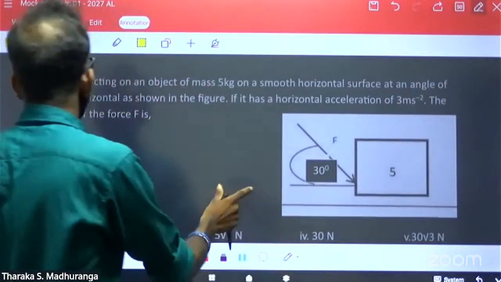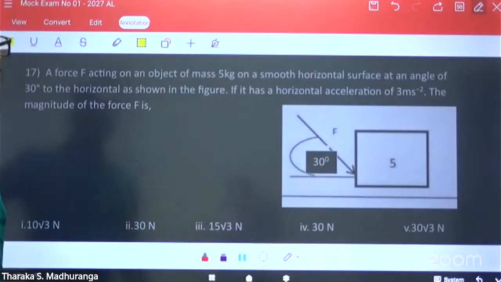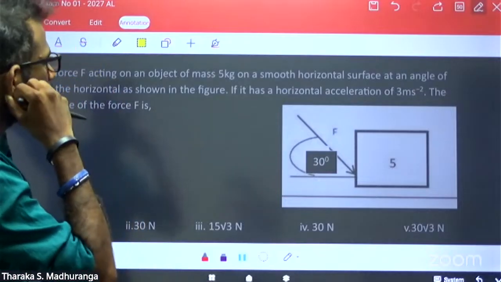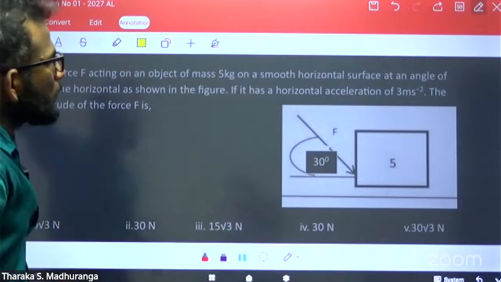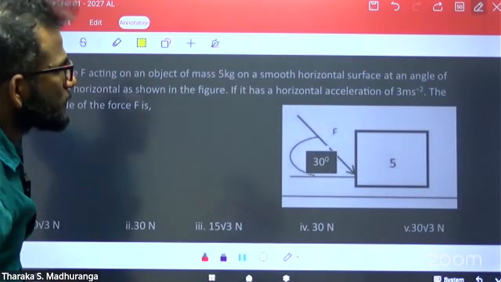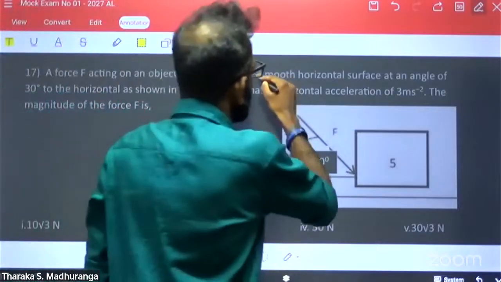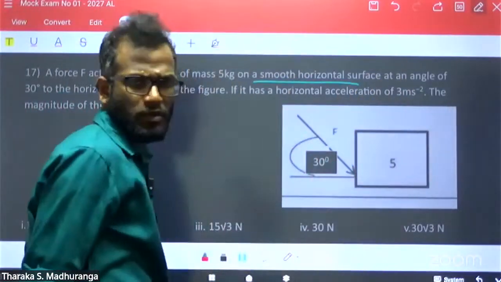The force F acts on an object of mass 5 kilogram on a smooth horizontal surface. Again, smooth horizontal surface. These words are very important.